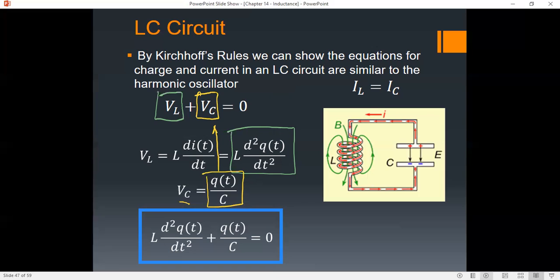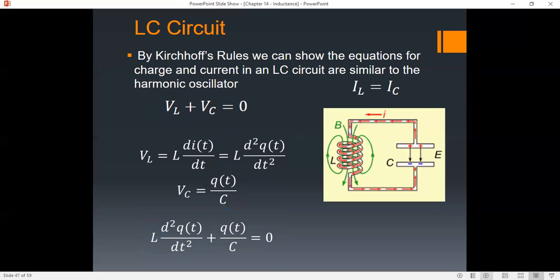And what we see here is, I can actually take this L and put it down here. But what we see here is we have another second order differential equation. In fact, this is one of the simplest types of second order differential equations. It's called a homogeneous differential equation because there's a zero over here.